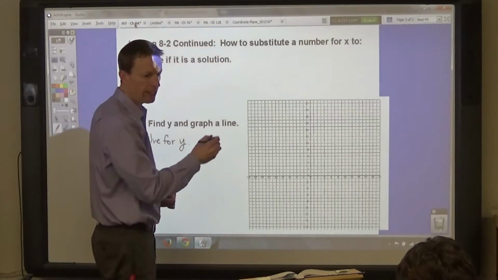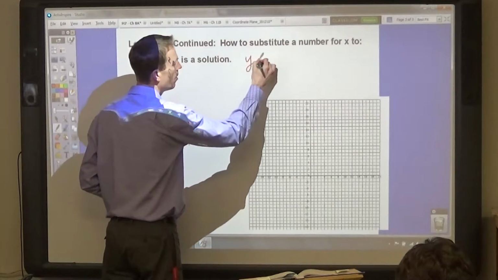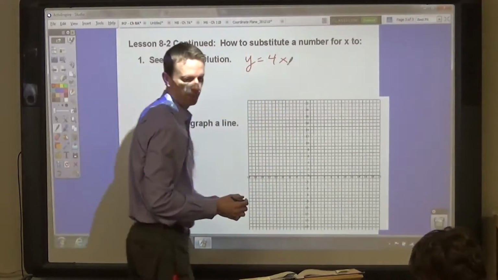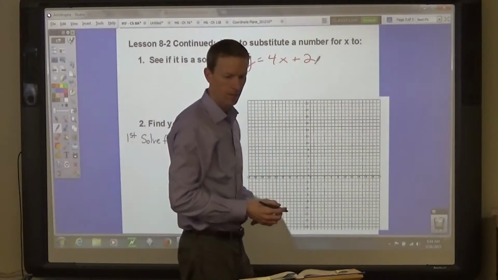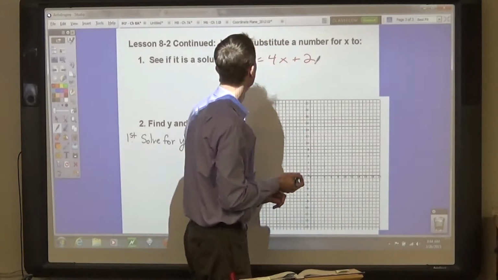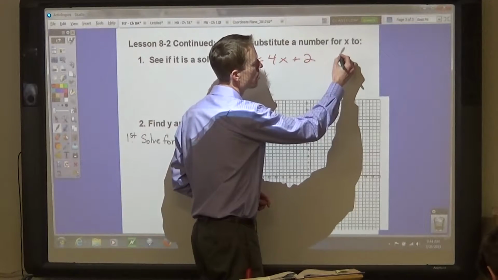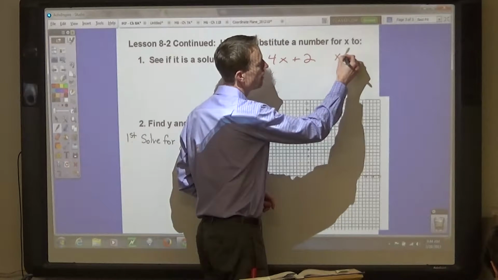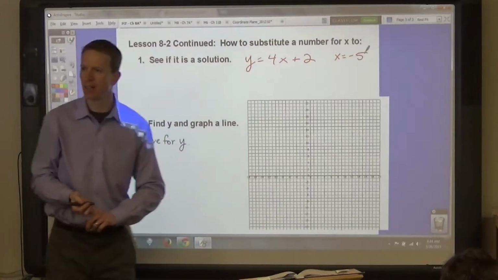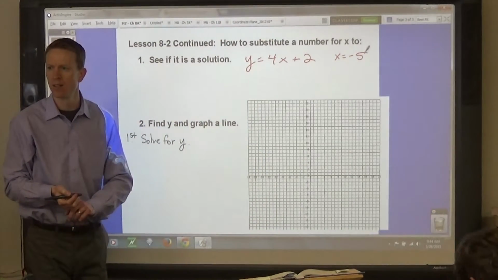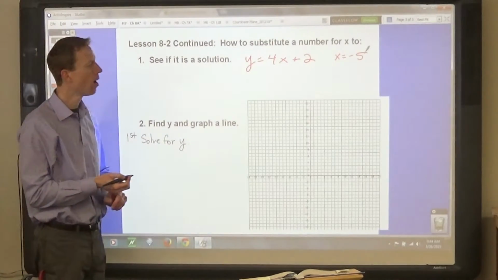So, y equals 4x plus 2, find the solution. In other words, what they're giving you is x equals negative 5, and what are we trying to find? Find y.